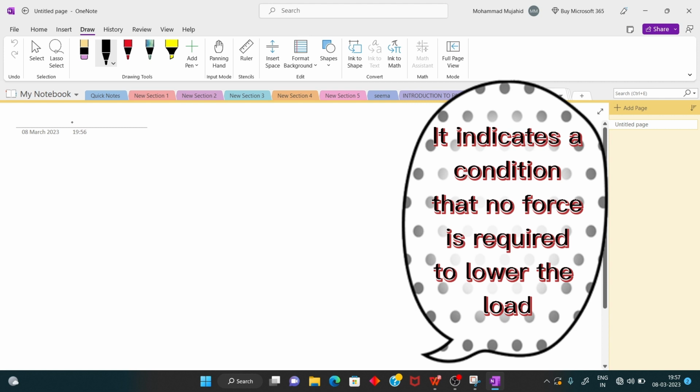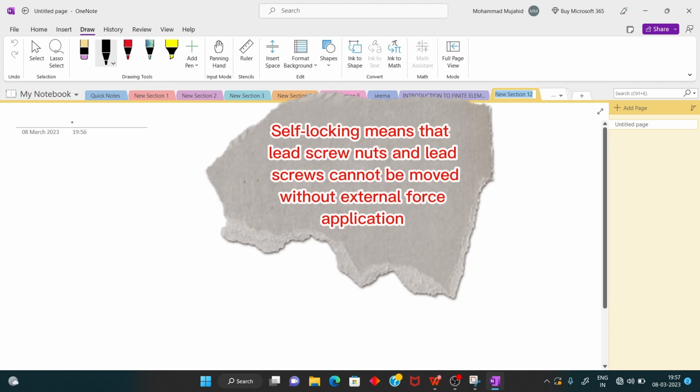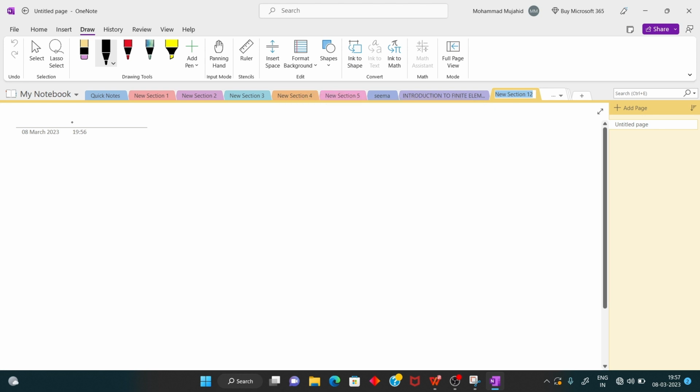Such a condition is known as the overhauling of the screws. If the angle of friction is greater than the helix angle, then the torque required to lower the load will be positive, indicating that an effort is applied to lower the load. Such a screw is known as the self-locking screw. In other words, a screw will be self-locking if the friction angle is greater than the helix angle, or the coefficient of friction is greater than the tangent of the helix angle.